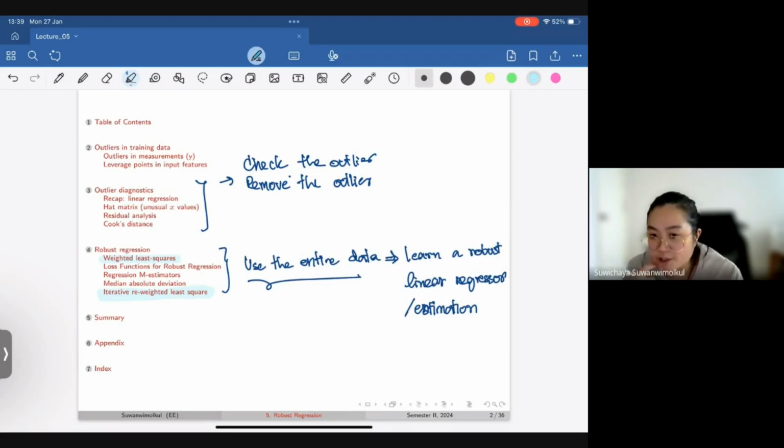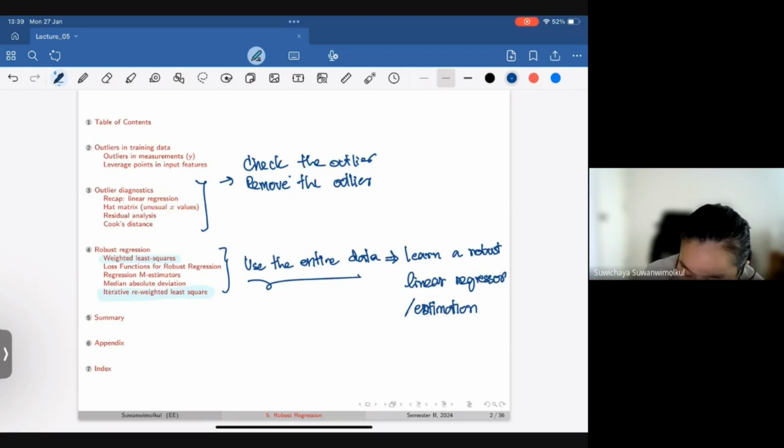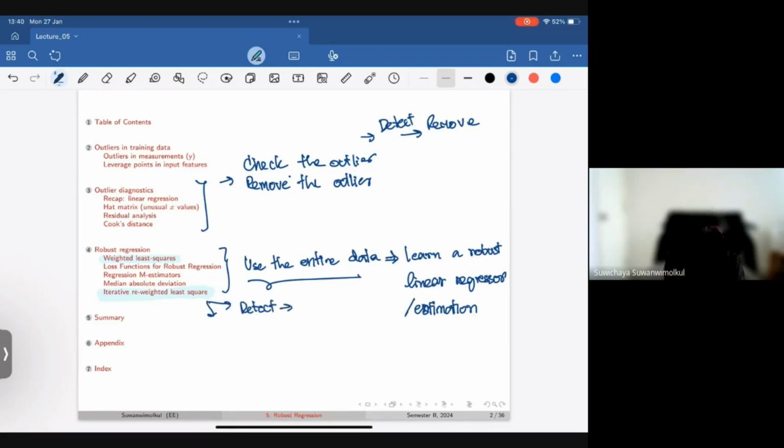So yes, the difference between these two is that the first one you try to detect and then remove. But the second one, you may or may not want to remove it. Some algorithms may detect, remove, and reconstruct, but others may just try to reconstruct the output despite outliers.